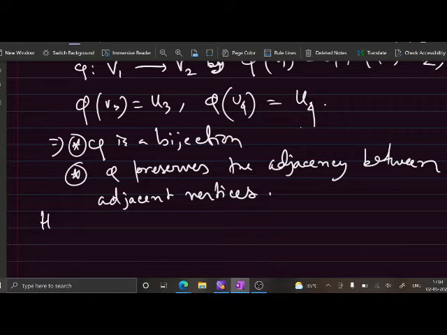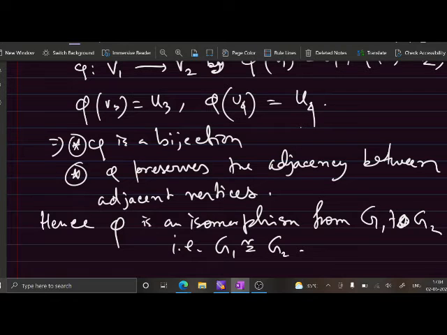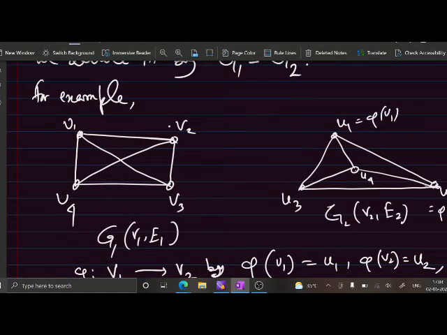That means hence phi is an isomorphism from G1 to G2, that is G1 is isomorphic to G2. So these 2 graphs defined above are isomorphic. Okay.